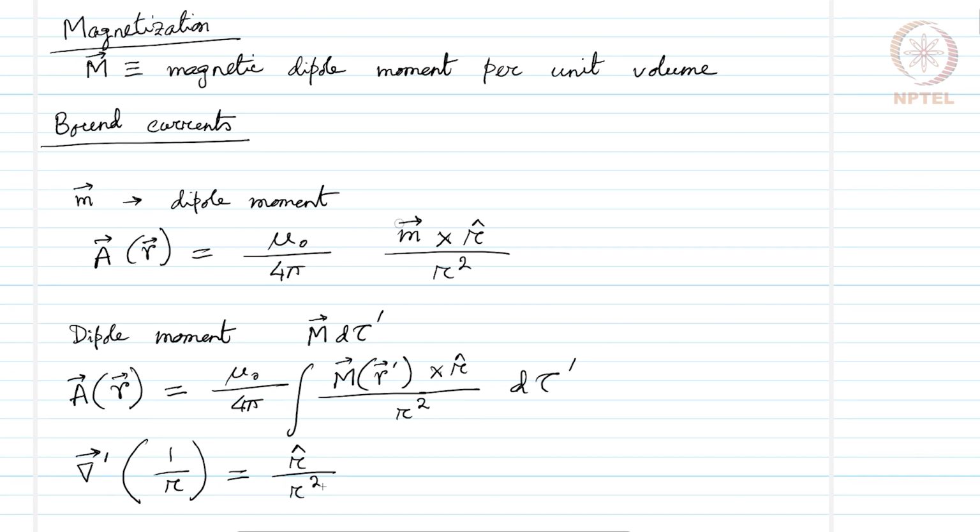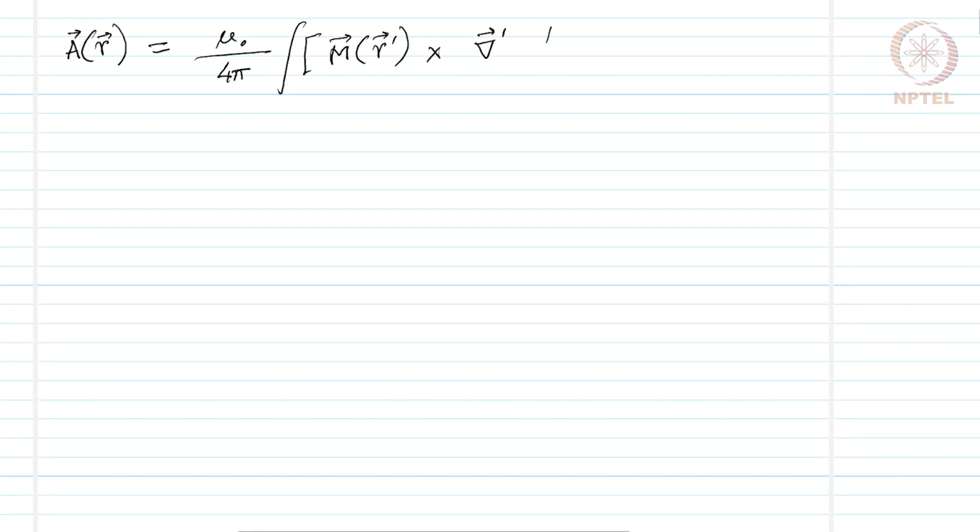If we make use of this on the vector potential, we can express the vector potential as mu naught over 4 pi integration over the magnetization, which is a function of r prime, cross primed gradient of 1 over r, integrated over d tau prime.